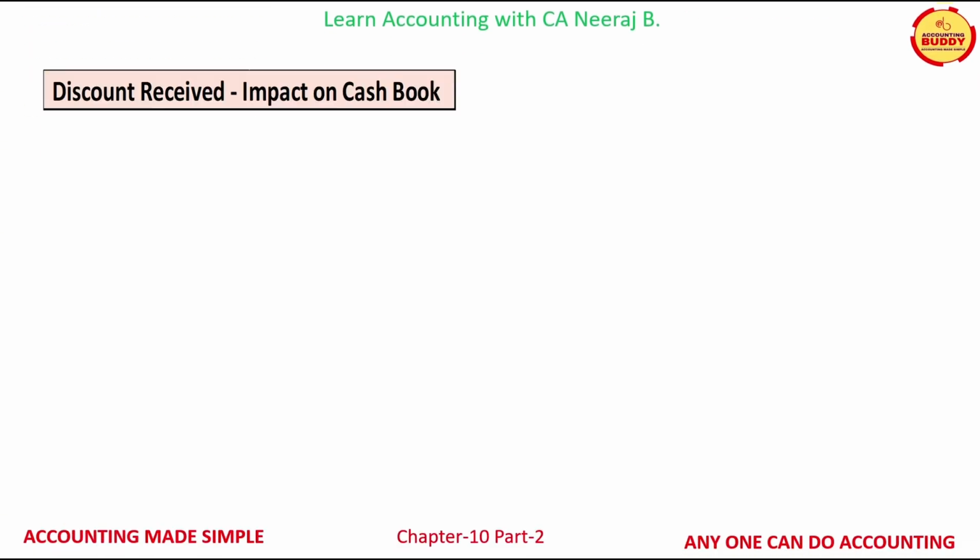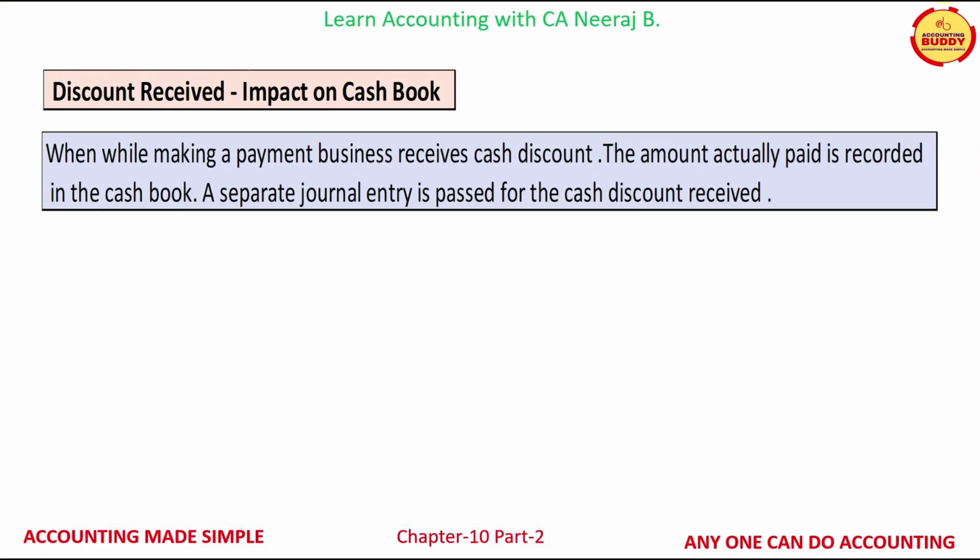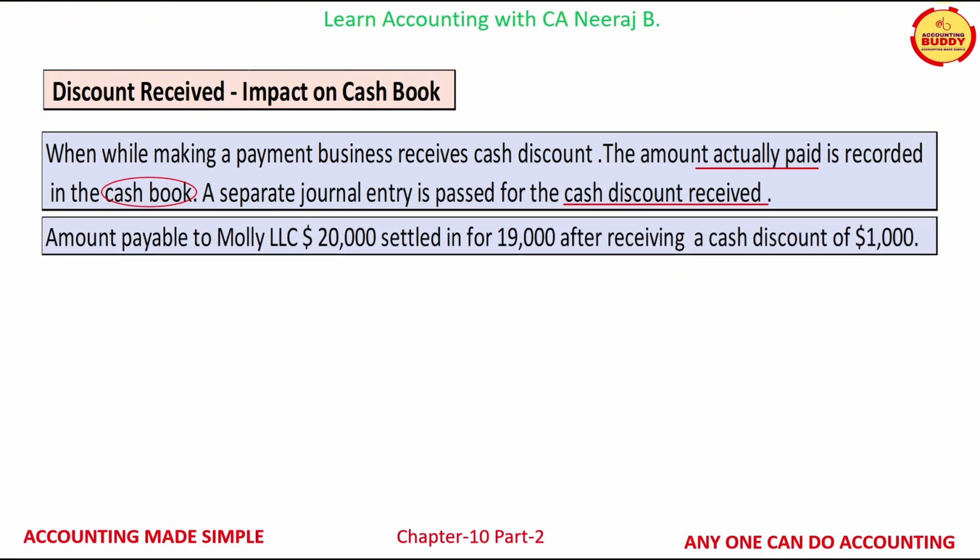Let us understand the impact on the double column cash book when the cash discount is received. While making a payment, when the business receives a cash discount, the amount actually paid is recorded in the cash book. A separate journal entry is passed for the cash discount received. For example, an amount payable to Molly for $20,000 is settled for $19,000 after receiving a cash discount of $1,000.